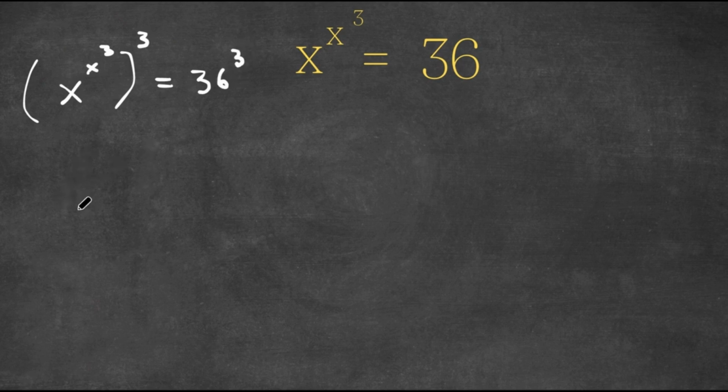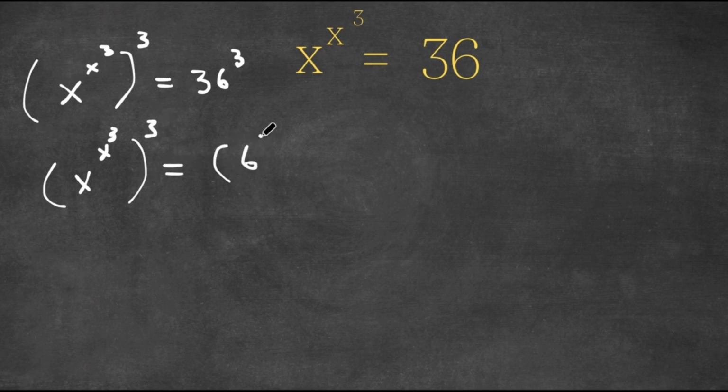Now 36, well, this is equal to 6 squared, right? So now we have x to the power of x to the power of 3, to the power of 3, is equal to 6 squared to the power of 3.